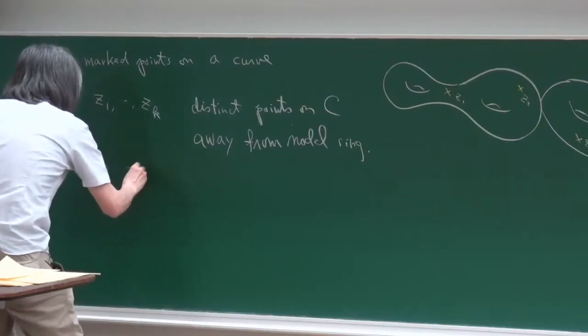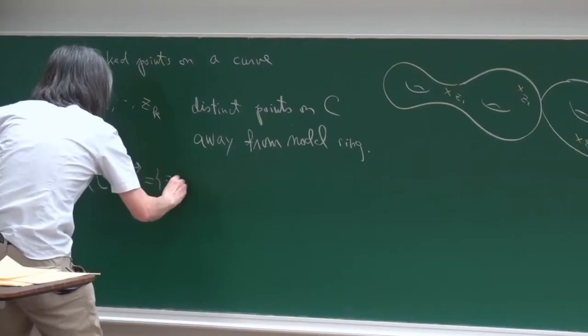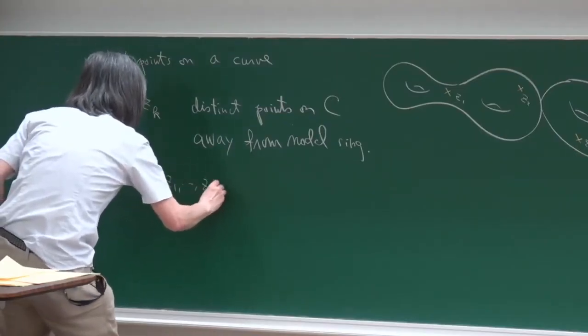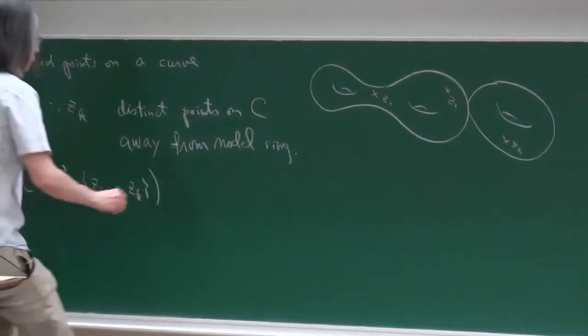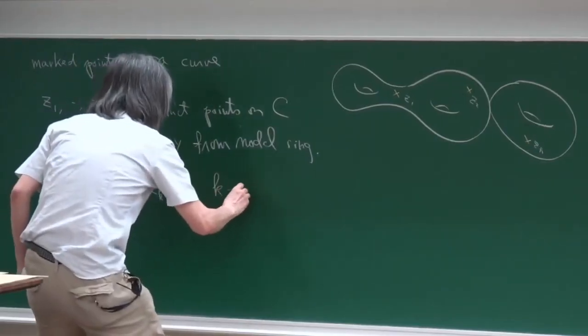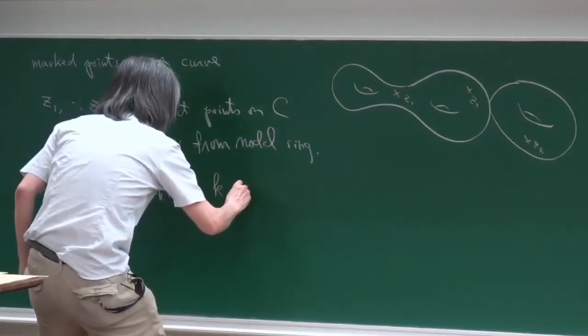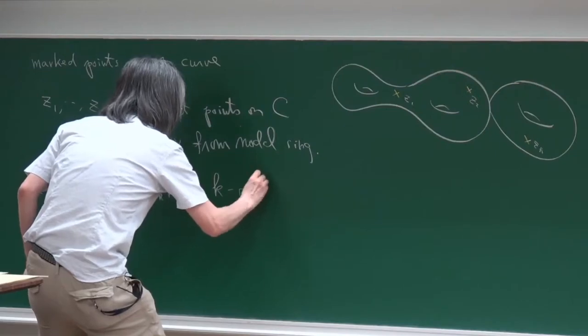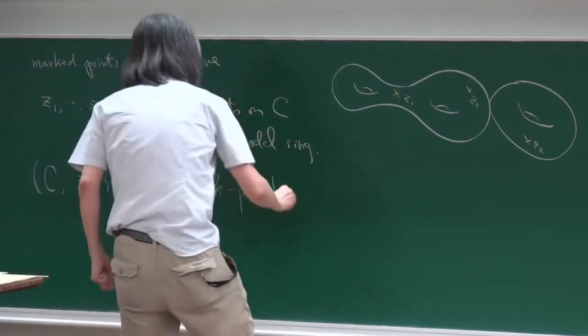Sometimes you consider this C with the vector z, where the vector z is z1 to zk. So this thing we may call a k-pointed pre-stable curve.